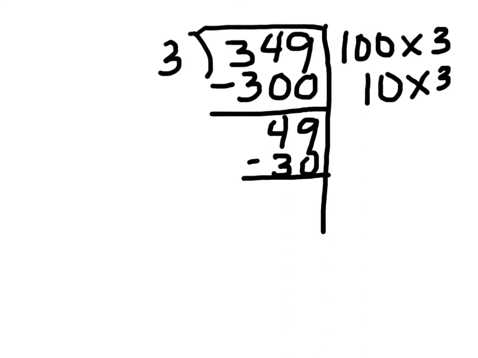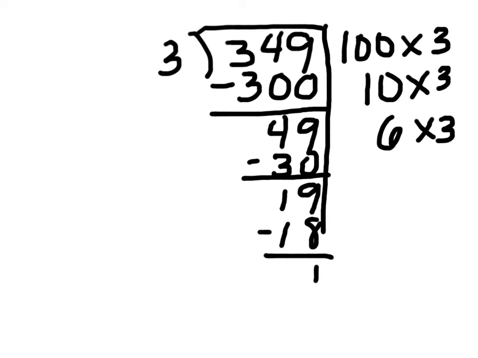That's going to get rid of 30, and so I'm going to be left with 19. And then I know that 6 3's will get me really close to that. And I'll end up with 1 left over. So the total number of 3's that I took out of or subtracted from 349 was 116.